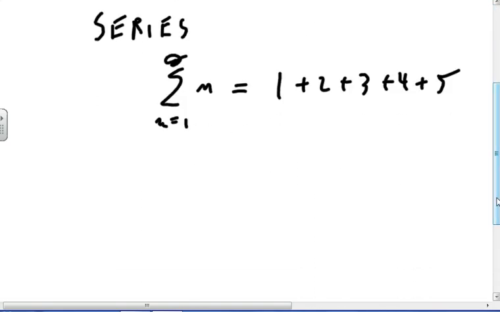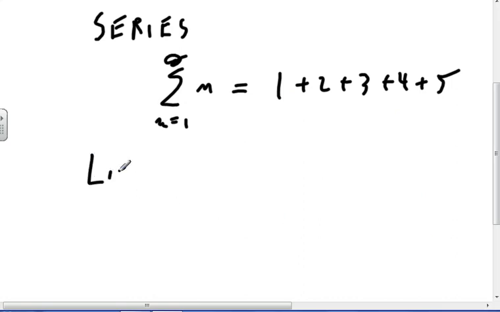If it's not a series, what is it? I don't remember. All right. So now the issue is, if I have this series that goes 1 plus 2 plus 3 plus 4, does it converge or does it diverge?